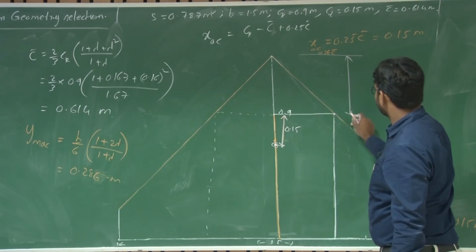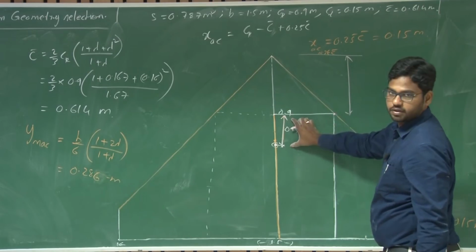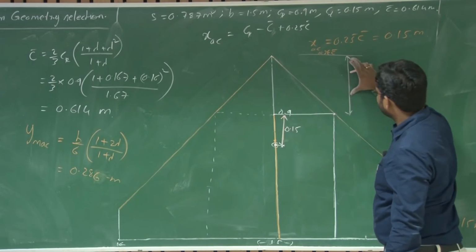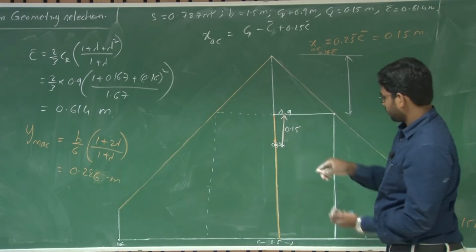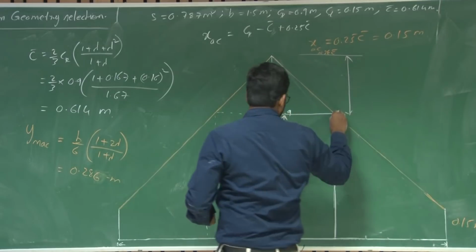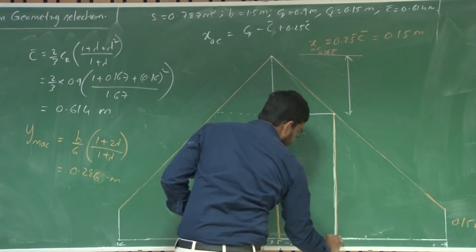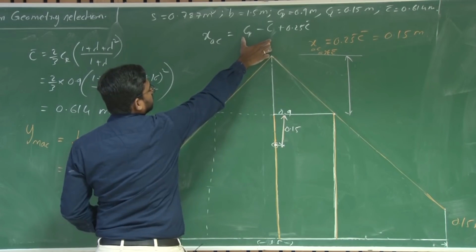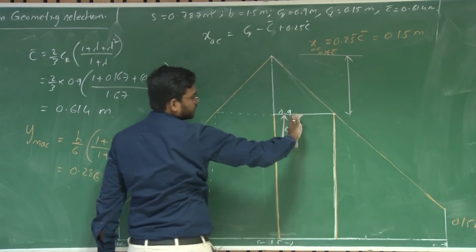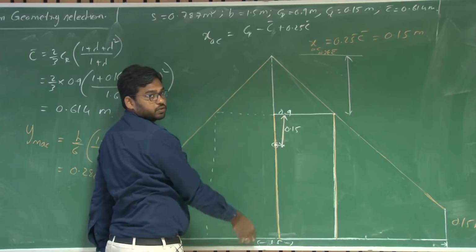So what you need to do is add this distance plus this distance. To get this distance, you need to subtract C bar from the root chord. Say this is your C bar. Subtract this from the root chord, you get CR minus C bar, plus this distance, a quarter chord point of C bar.